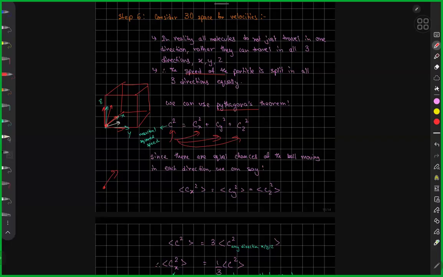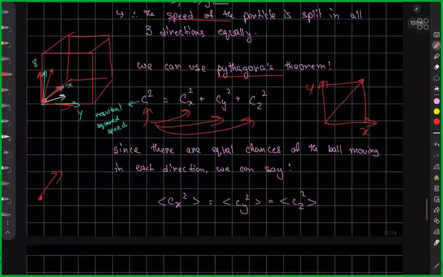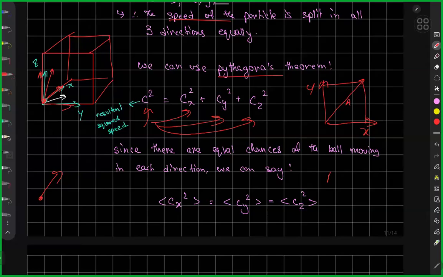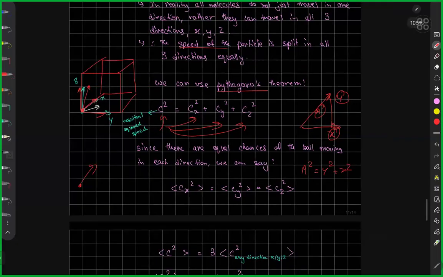So similar to the Pythagoras theorem that you have for two dimensions, if this is y, this is x, and this is, let's say, a, then a square is equal to y square plus x square, right? So x square plus y square is equal to a square. This is what you guys know from before, right? So I'm just using that idea, but in three dimensions.